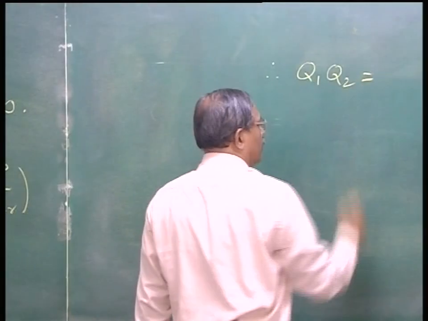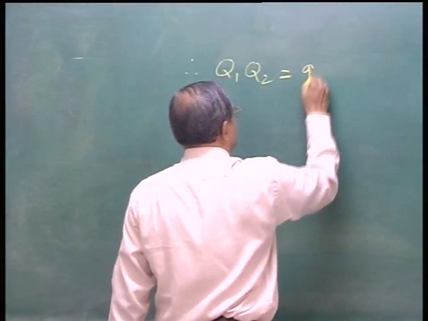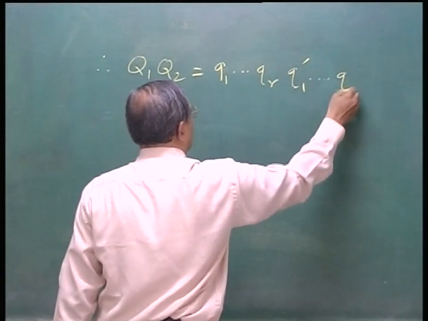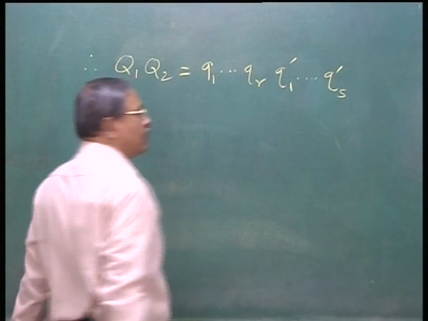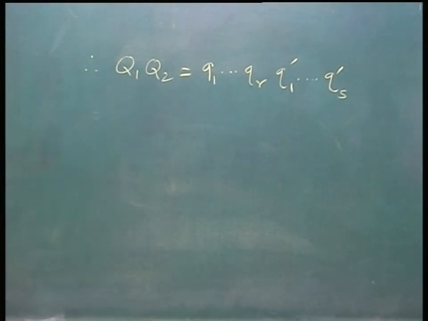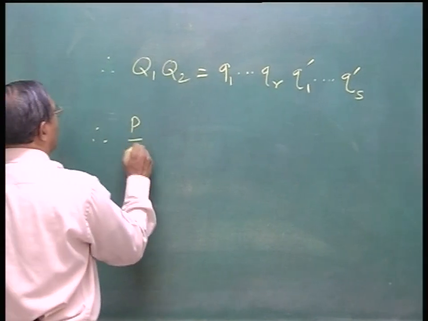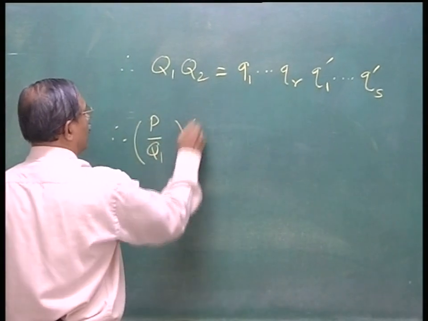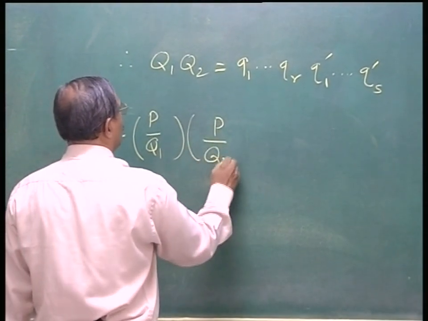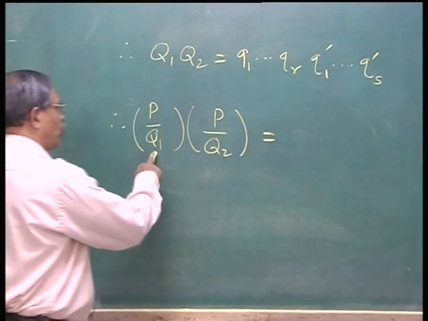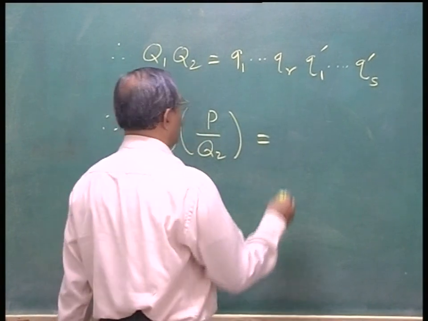Therefore, what is Q1Q2? Q1Q2 is the product of the primes q1, q2, ... qr, q1 dash, ... qs dash. Then use the definition. What is (P/Q1) times (P/Q2)? The factors of Q1 are q1, q2, ... qr.